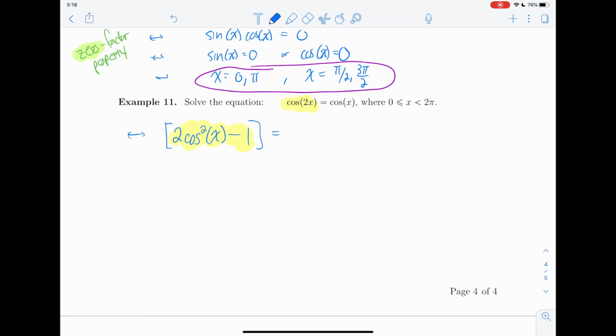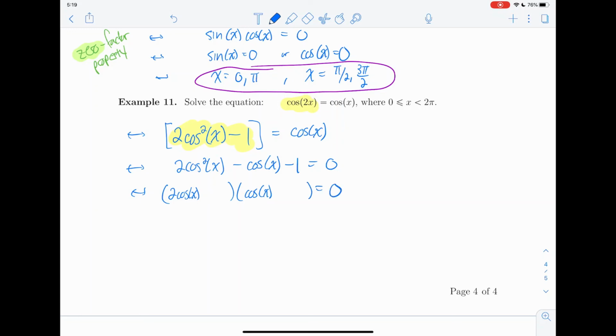And apparently now that's going to be equal to cosine of x, which then if I pull everything over to one side, I get 2 cosine squared of x minus cosine of x minus 1 equals 0, which again is quadratic-like. So I'm going to end up getting a 2 cosine of x and then a cosine of x.